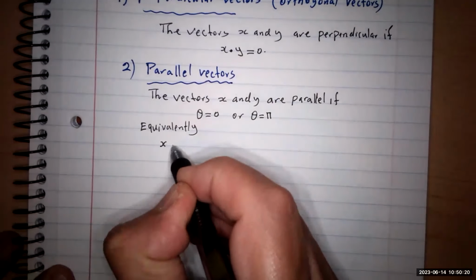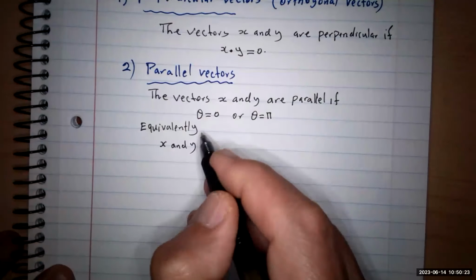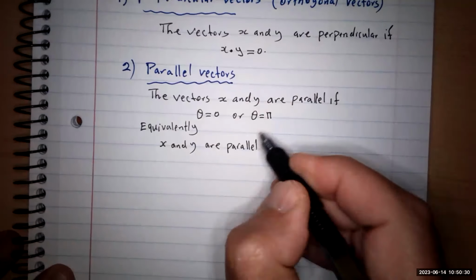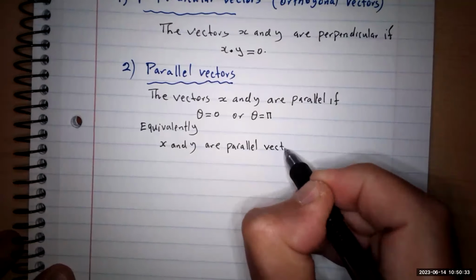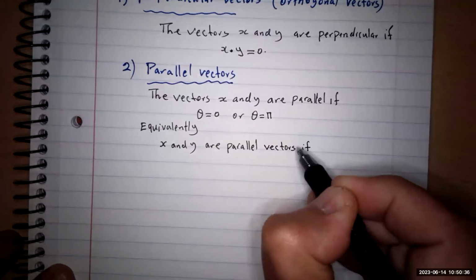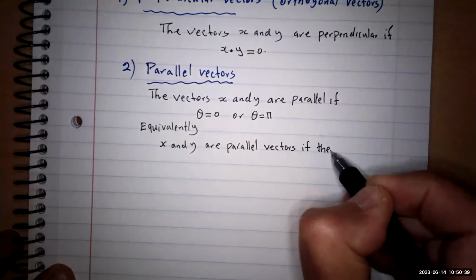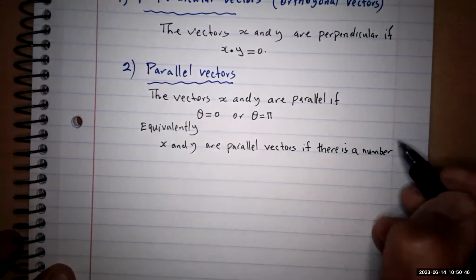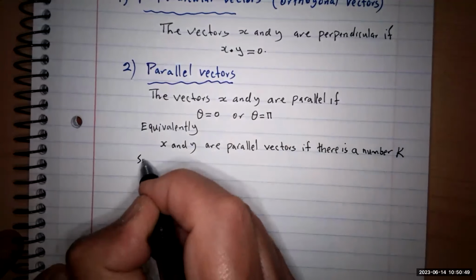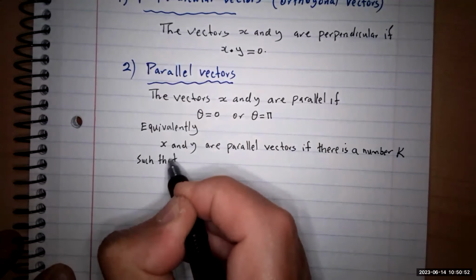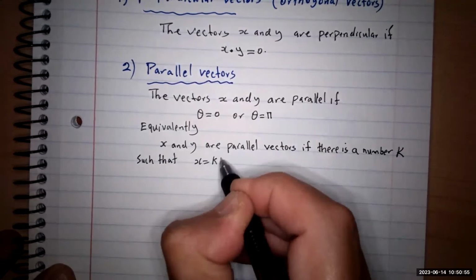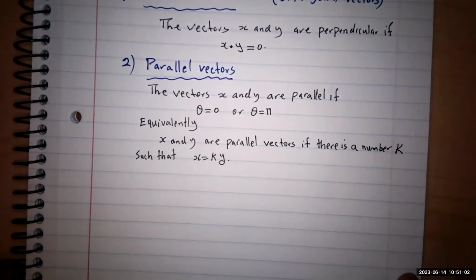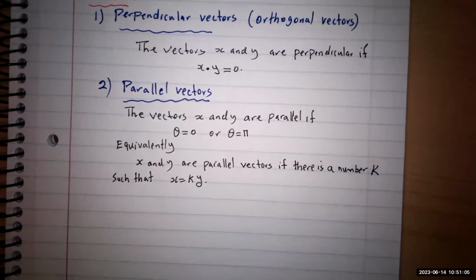So x and y are parallel vectors if there is a number, a constant k, such that x is equal to k times y, or y is equal to k times x. We are going to use both of them in this form.